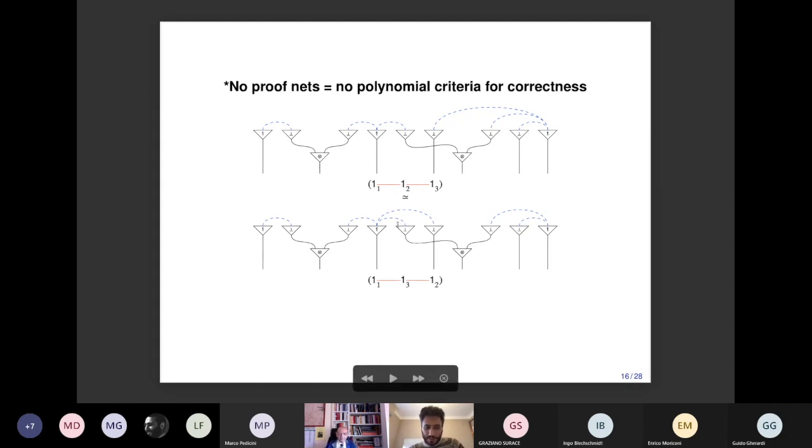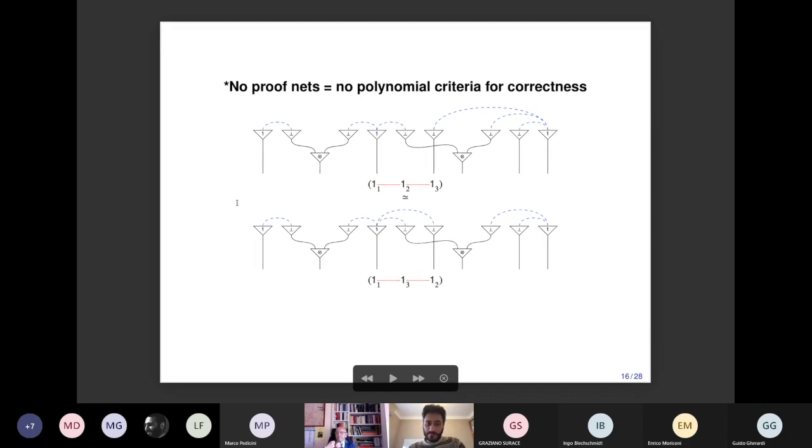What you can do is forget about these blue edges, but when you forget about the blue edges, you no longer have a way to check the correctness of this representation of the proof. So you have to decide: either you keep these blue edges, which breaks the proof identity, because you have two proof nets which represent the same derivation, since by rule permutation the derivations are the same, or we can keep a polynomial correctness criterion, but then we lose the proof identity.